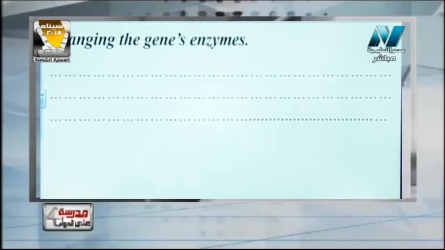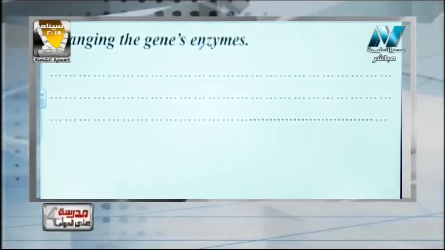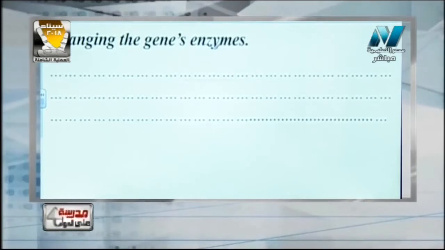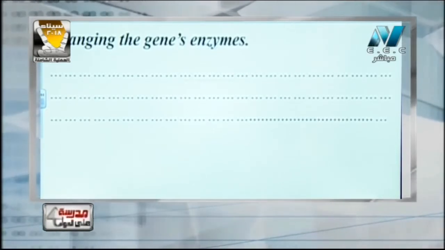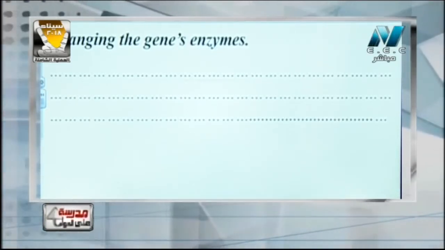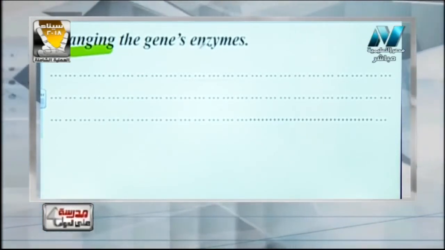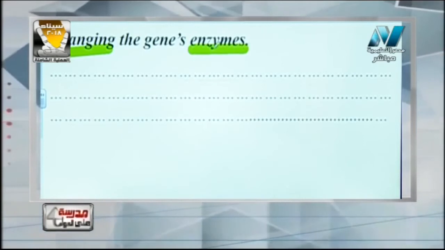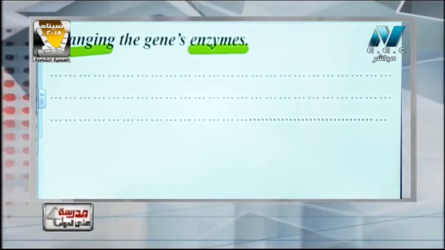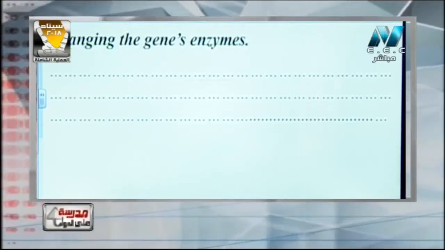If we have another question, as we see here: changing the gene's enzyme. We know here that each gene produces a special enzyme. So what if the gene changes its enzyme? What will happen?